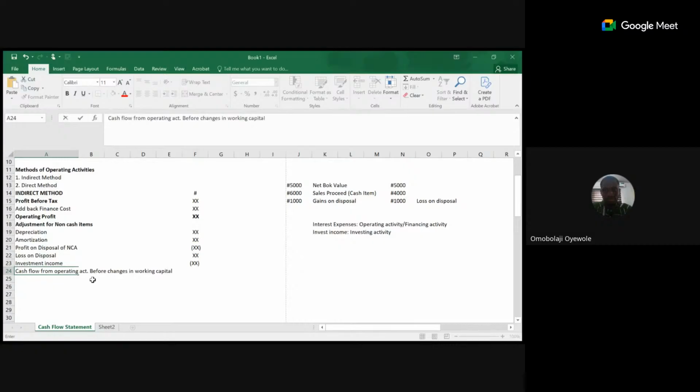Cash flow from operating activity before changes in working capital should give us this.